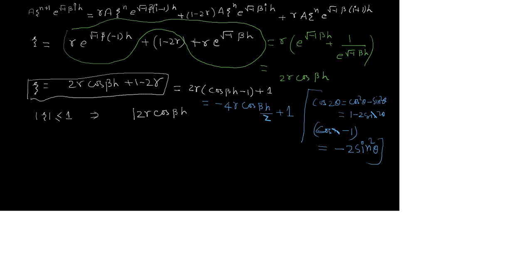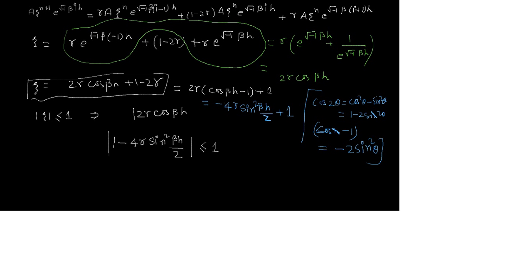So what we have now is 1 minus 4r sine square beta h by 2, and this mod has to be less than or equal to 1.